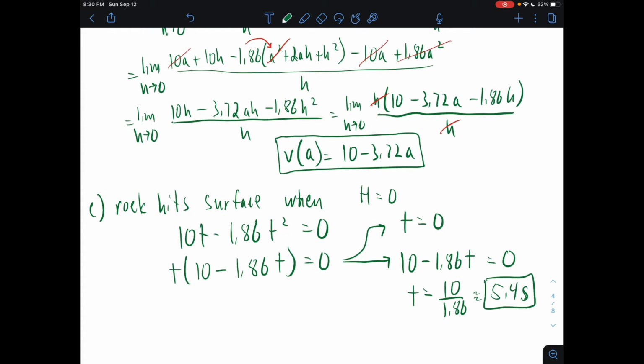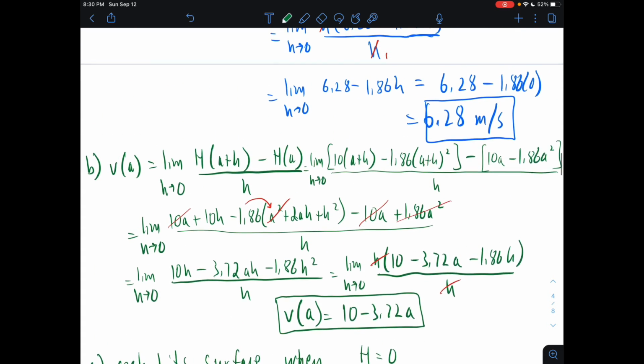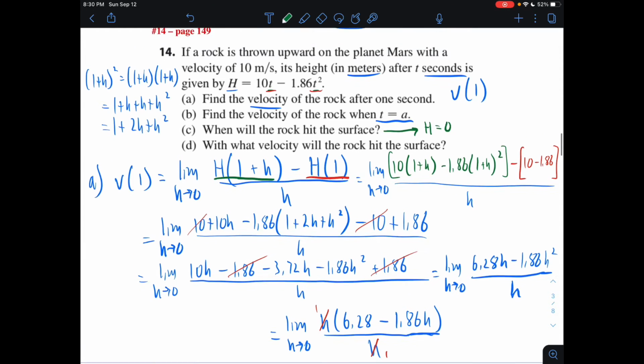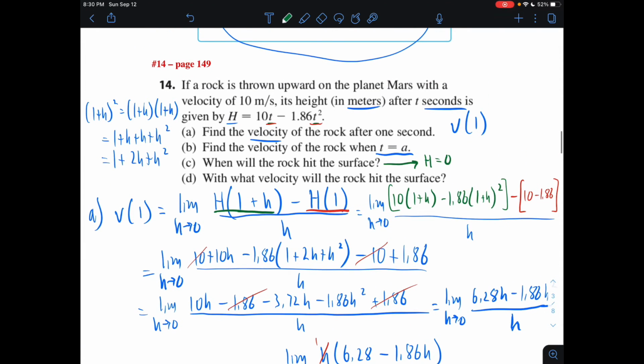So at 5.4 seconds, the rock will have returned to the surface. And now we can use this answer to answer part D. With what velocity will the rock hit the surface? Remember that this idea of t equal a means any time for t.